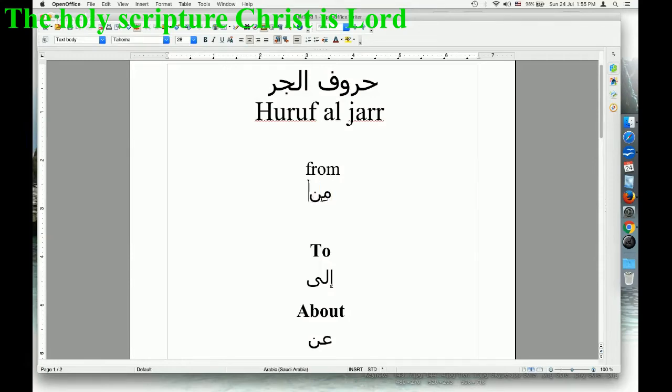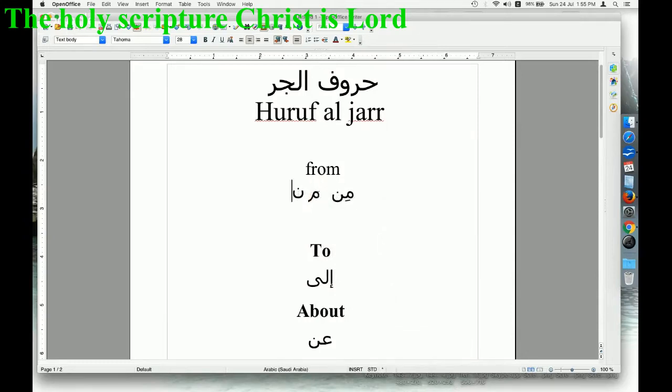Simply, it's two letters, the letter M and N. If we break it down: M and N. When we connect them together, it sounds "min." It sounds like there's a kasra under the letter mim. So when we connect them together, that makes "min."